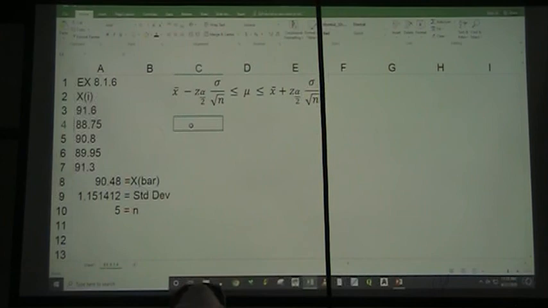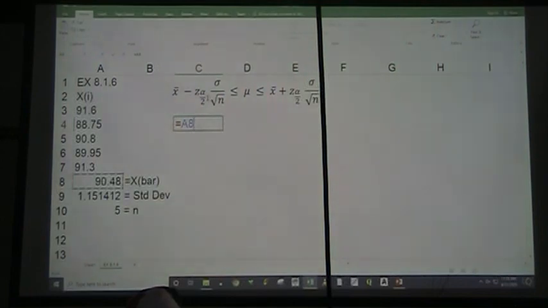All right, so here I'm going to put in my left side of the equation. And that is equal to x bar. Now, z alpha divided by 2, we didn't really discuss that, but it's very common to use the 95% confidence level.